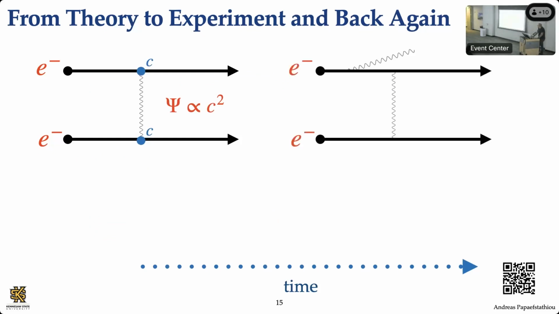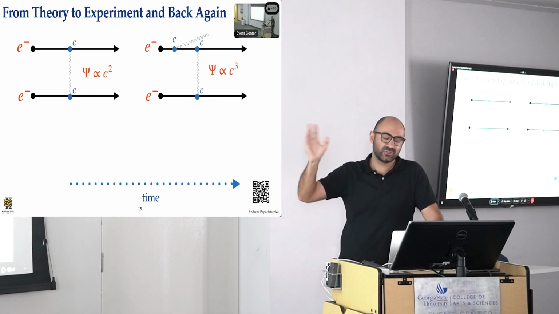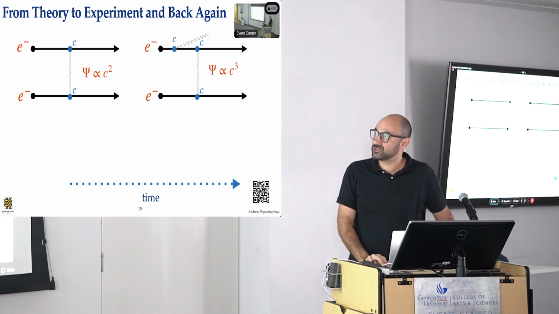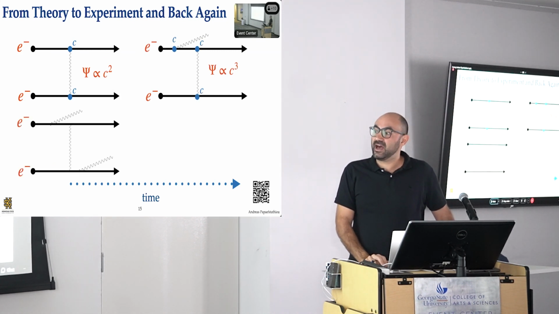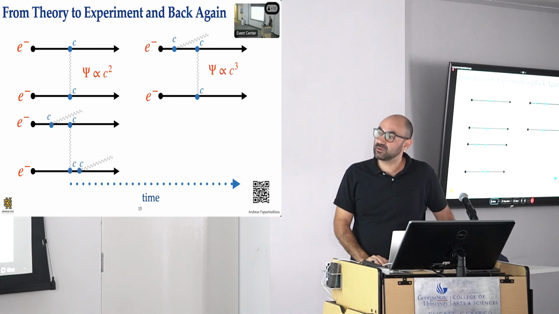Now, if you do the same for the other diagram, such as this one, this one has 3 C, so the equivalent object is proportional to C to the power 3. And if I imagine another diagram which has 4 vertices, then this one would be proportional to C to the power 4.